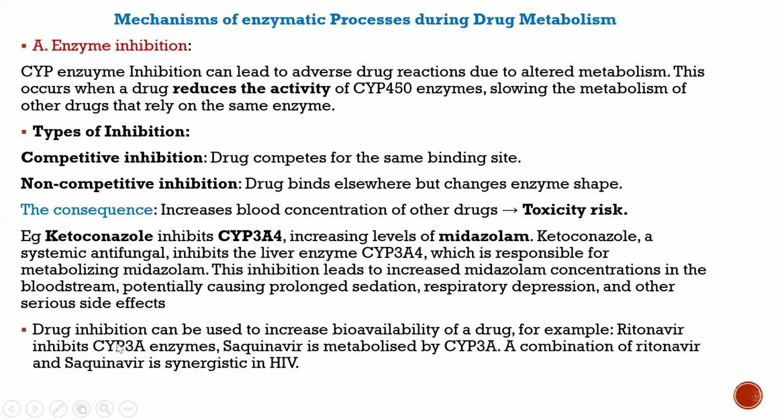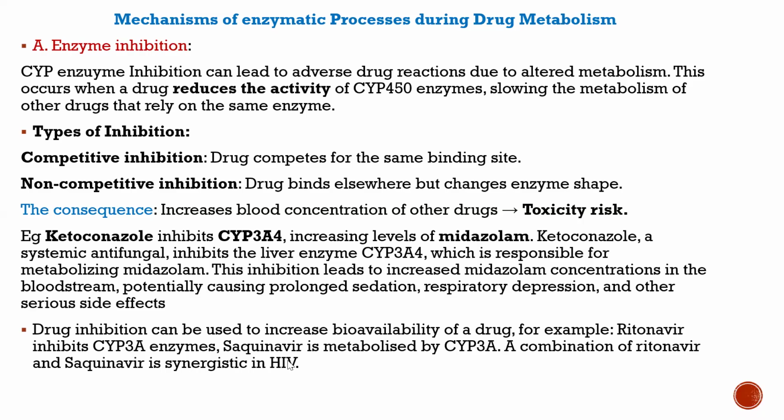When they inhibit this enzyme, and this enzyme is responsible for the second drug's metabolism, the saquinavir is metabolized by cytochrome 3A. So the combination of ritonavir and saquinavir is synergistic in HIV.